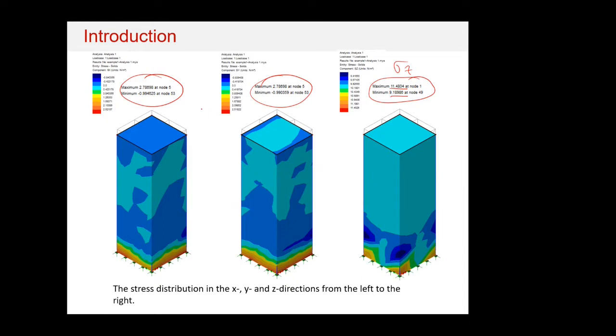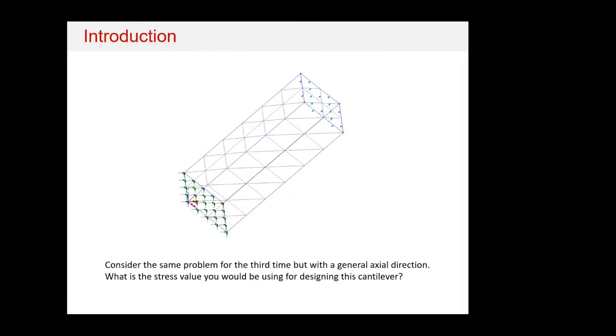Now, I want to push this example one step further, and instead of having the axis of this cantilever be parallel, I mean, it's not parallel to the x, it's not parallel to the z, it's at some angle to the x and the z directions.